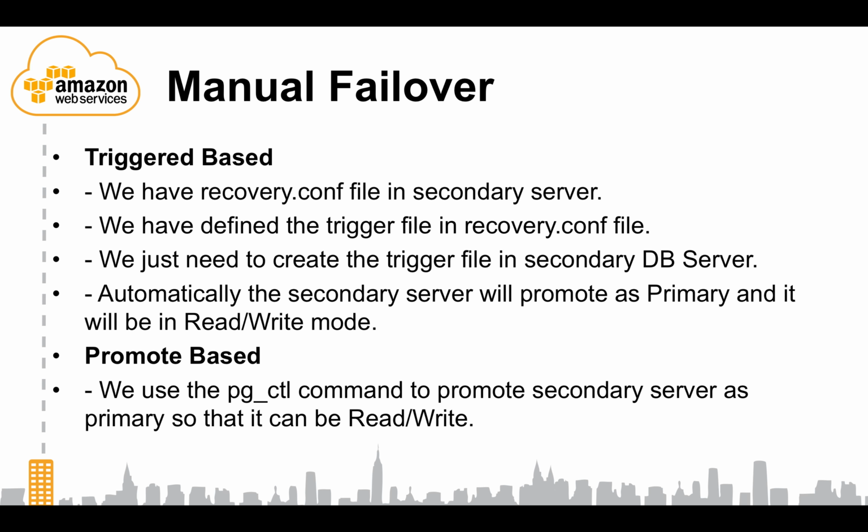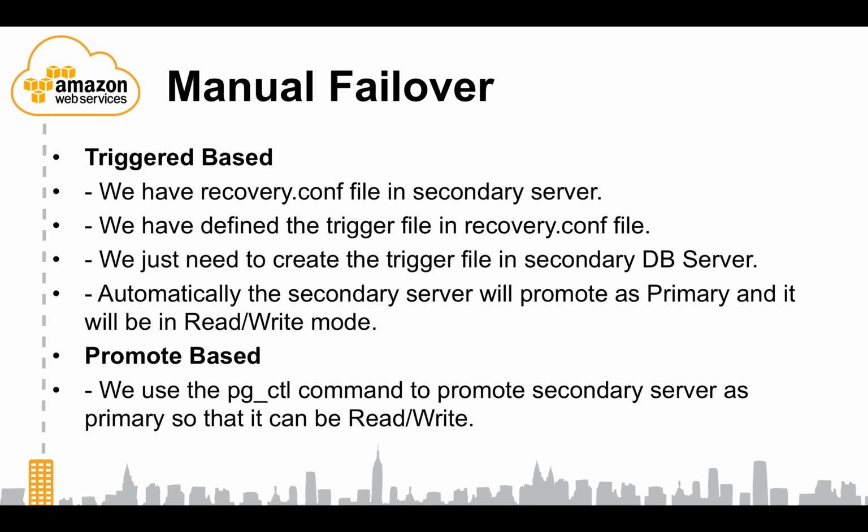First of all, trigger based. This is one of the types of manual failover. We have the recovery.conf file, a configuration file in the secondary server, and we define the trigger file inside it.